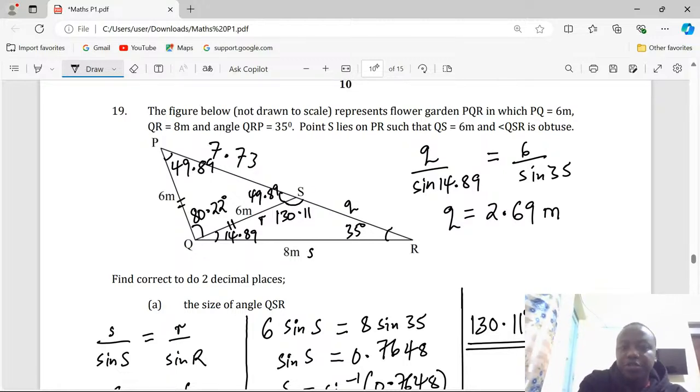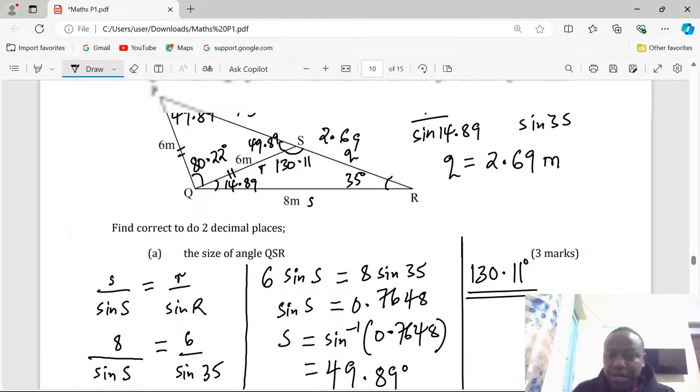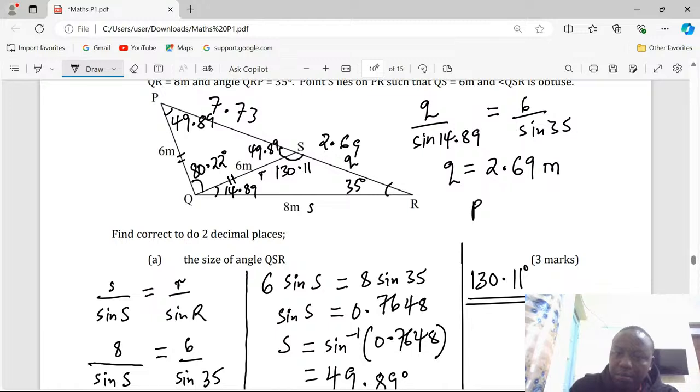And now at this point we are having 2.69. So the total length PR is going to be, we add 2.69 plus 7.73. This is going to be 10.42.